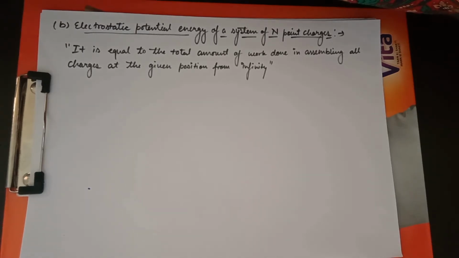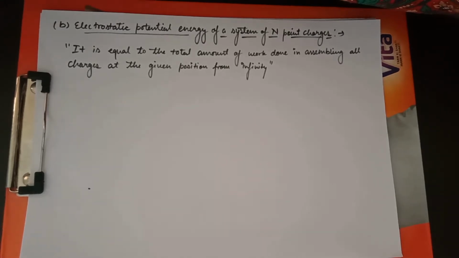Here, when there are n number of point charges, as in the system of 2 point charges, it was equal to the amount of work done in bringing the charge from infinity to the current position. So in the case of a system of n point charges, the electrostatic potential energy is equal to the total amount of work done in assembling all the charges at the given position from infinity.